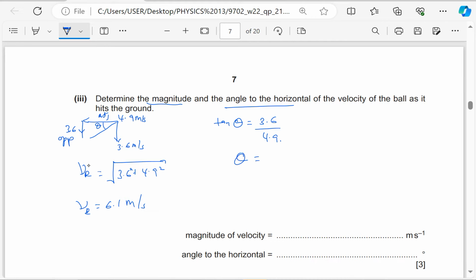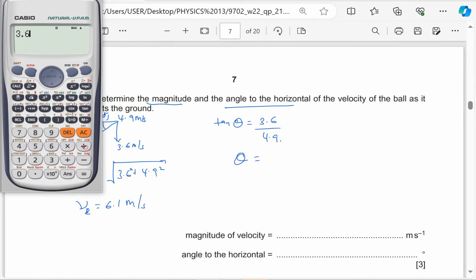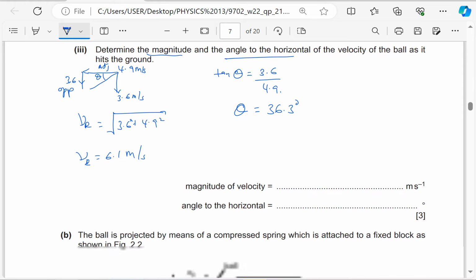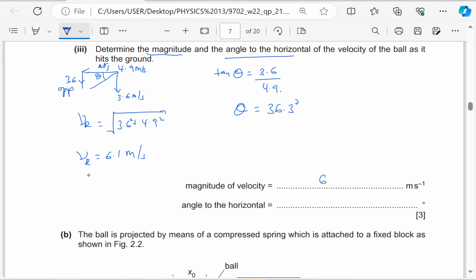So theta is going to be the tan inverse of that, 3.6 divided by 4.9. Then shift tan inverse of the answer. So this is giving me 36.3 degrees. So the magnitude of the velocity, we agreed, is 6.1 and the angle is 36.3.